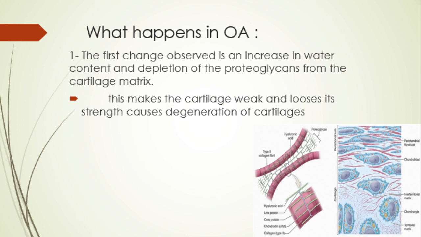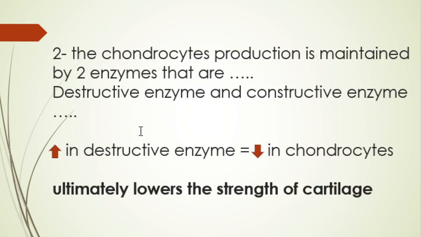The first change observed is an increase in water content and depletion of the proteoglycans from the cartilage matrix. A decrease in proteoglycans will eventually make the cartilage weak and lose its strength, causing degeneration of the cartilage. Secondly, chondrocyte production is maintained by two enzymes, a destructive enzyme and a constructive enzyme.